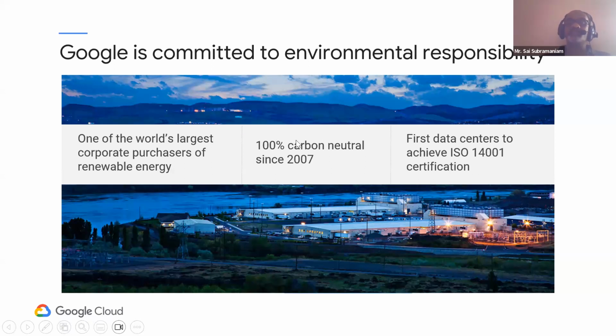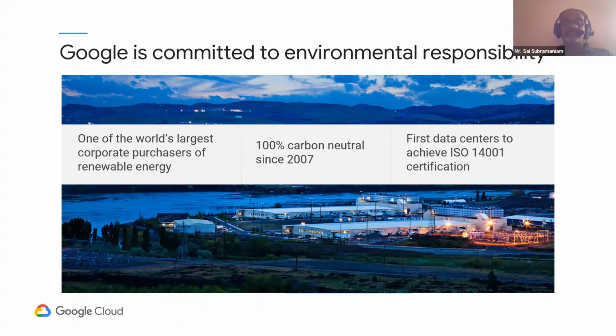It means eco-friendly, and all the data centers have achieved ISO 14001 certification. It uses river water to cool the entire data center. That's how Google is very committed to environmental responsibility.